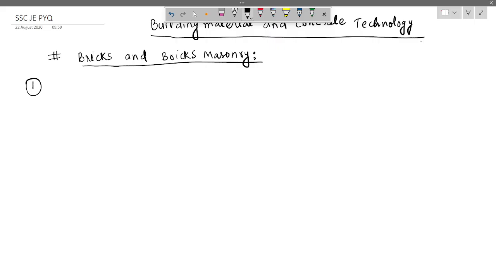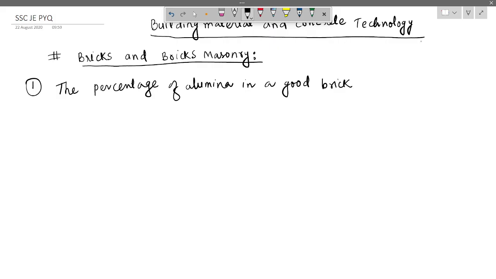So first we will write the question: the percentage of alumina in a good brick earth lies between. 4 options are given, and you have to answer one.